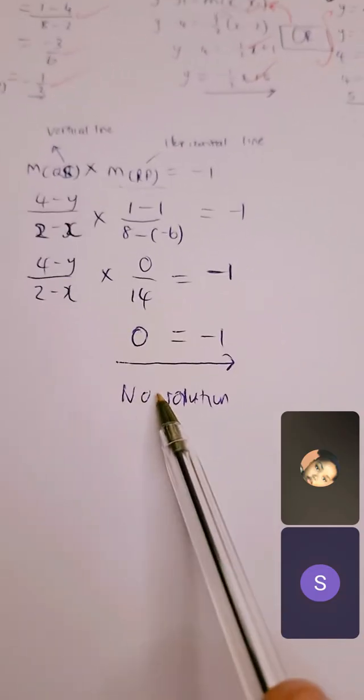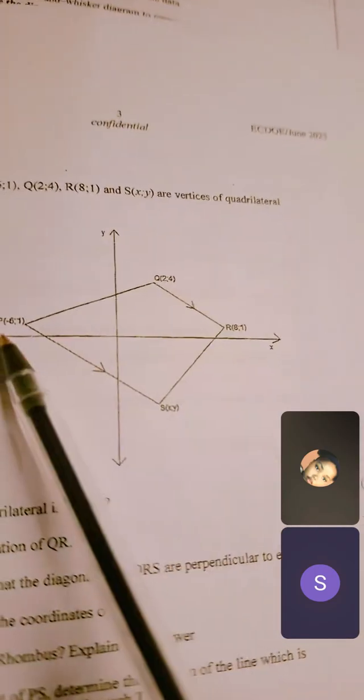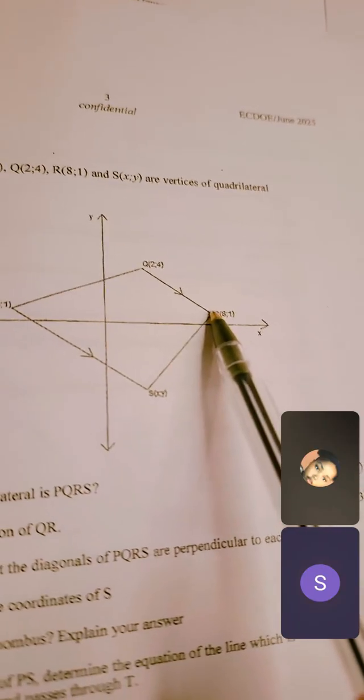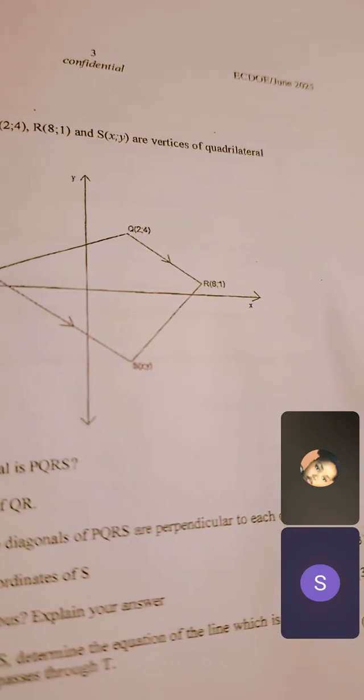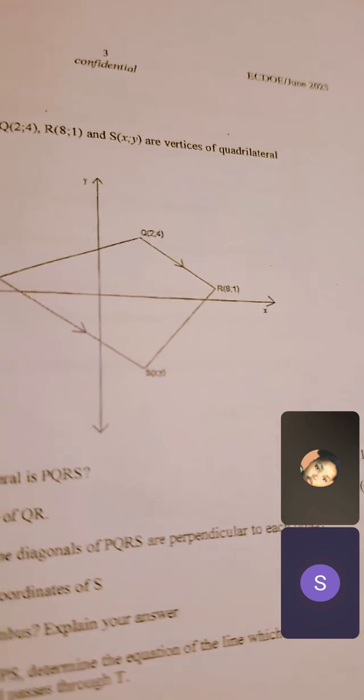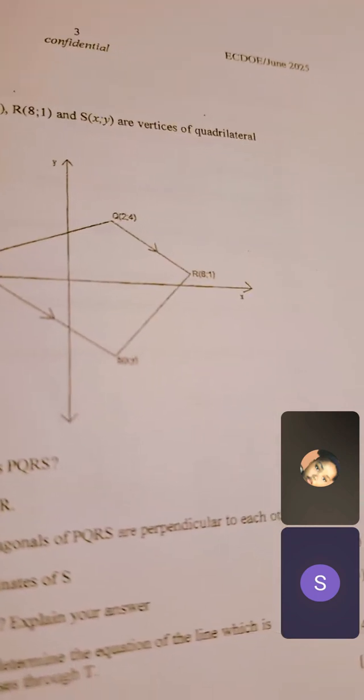But it is implied by the fact that if you have a horizontal line, your gradient is 0 for that horizontal line. And the line that would be perpendicular to a horizontal line is going to be a vertical line whose gradient is always undefined. A vertical line has an undefined gradient. The gradient is not defined.